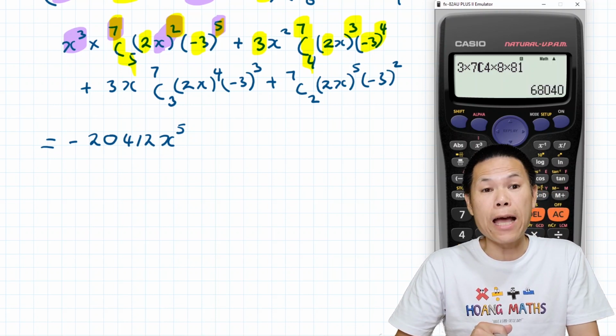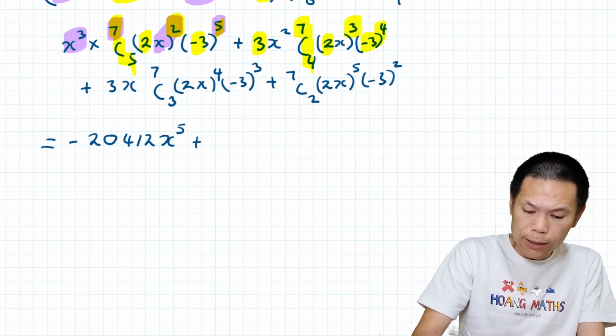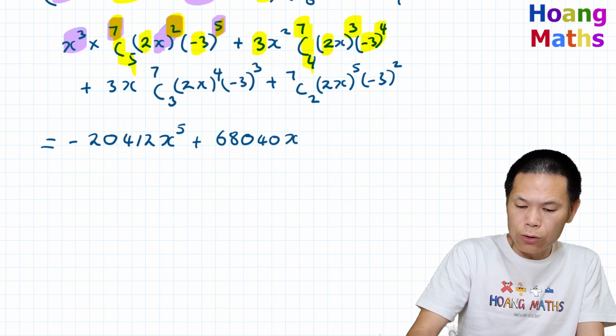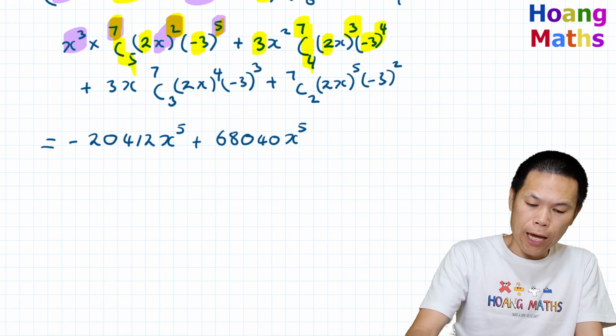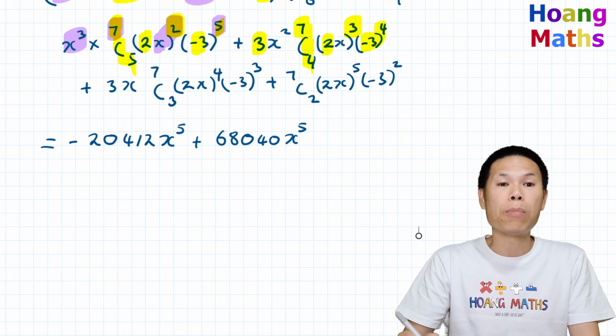So 68,040. So we have plus 68,040, of course x to the power 5. Again, x squared, we times x to the power 3, so that gives me x to the power 5.